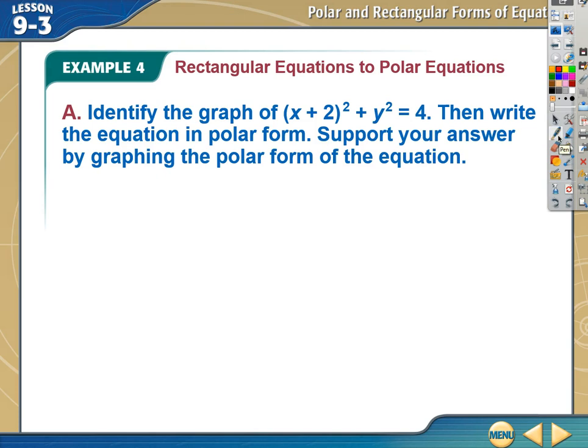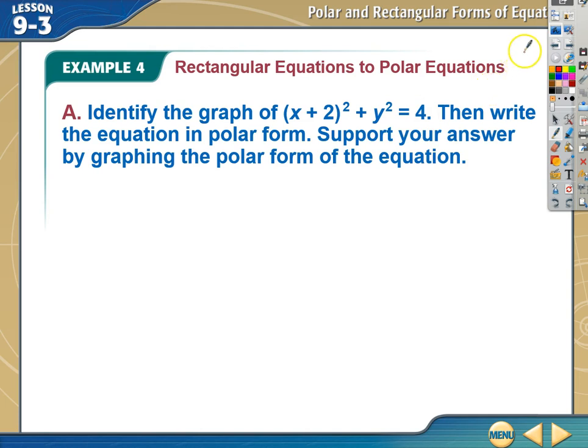So what are we going to use? I want to be able to make this into a polar graph. Well, to start, when I take a look at this, this is a circle. You should be able to get that much. My center happens to be at -2, 0, and it has a radius of 2.